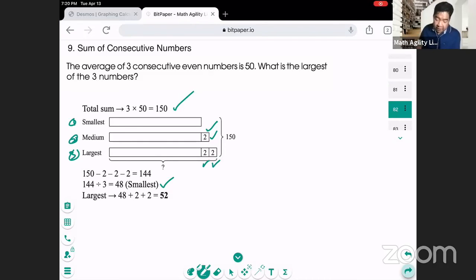So again, it's similar: 48 plus 2, since we know that this length is 48, and then plus 2 here should give you 52. So Singapore Math turned it into something more visual when computing consecutive numbers.